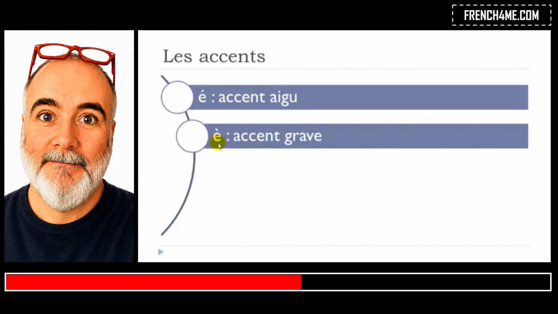So it goes like è. All right, don't be afraid to insist a little bit on the pronunciation first, and then you can make it shorter after, of course. So let's compare them. The first one is é, and then the second one is è.